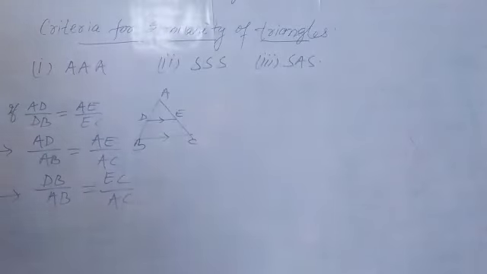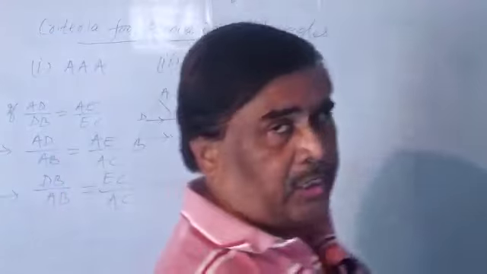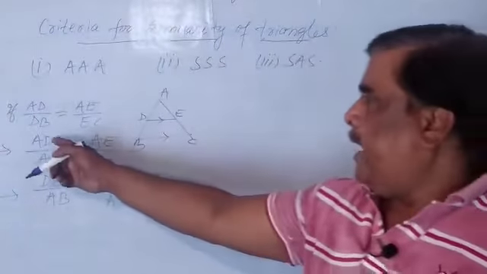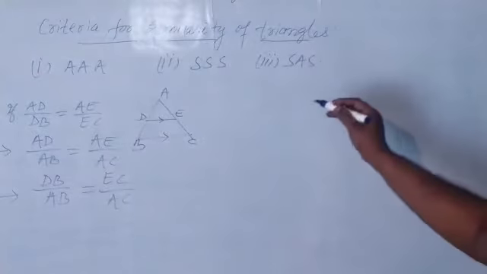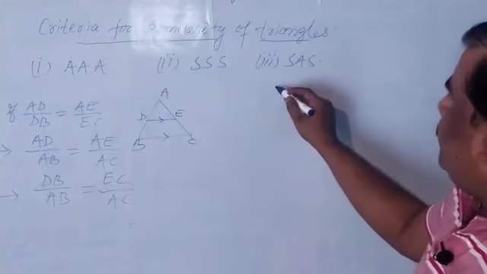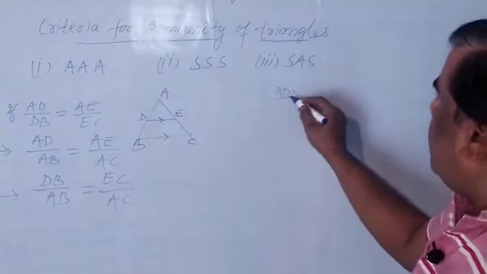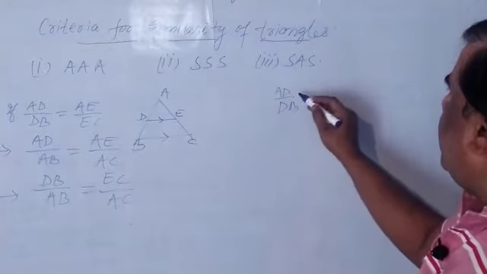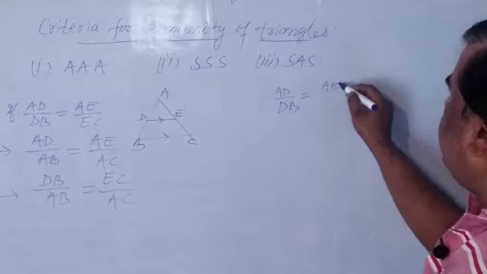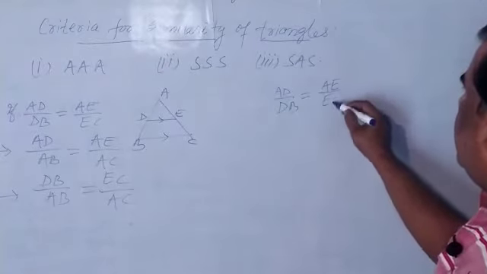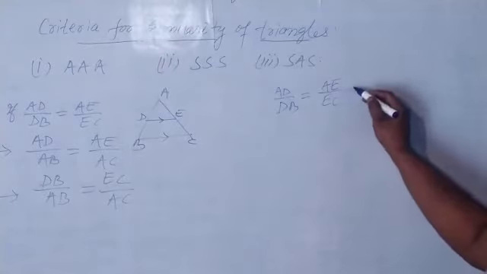Suppose we have to express the first ratio in the form AD by AB equals AE by AC. As we have AD by DB equal to AE by EC, we take their reciprocals.